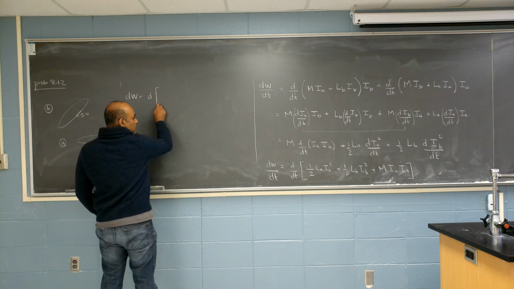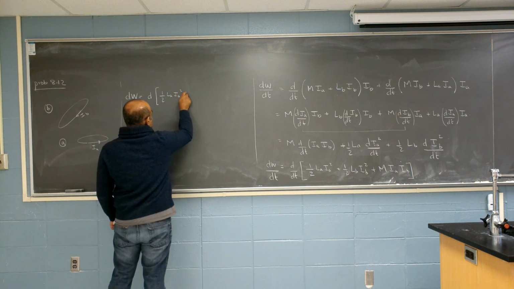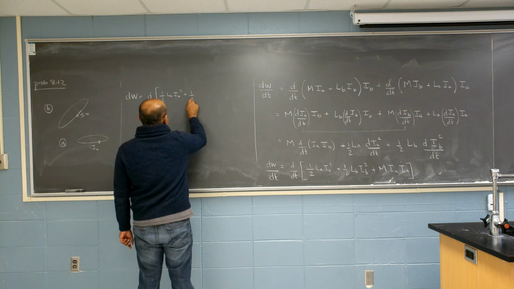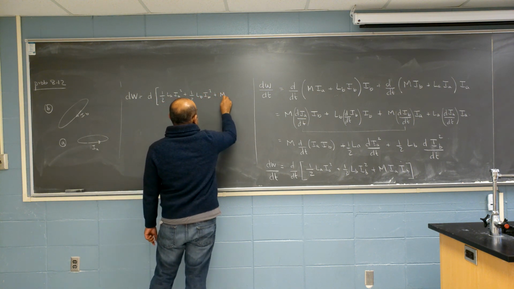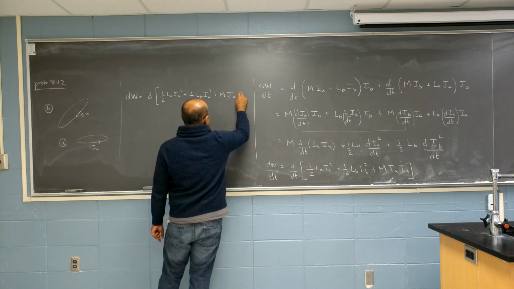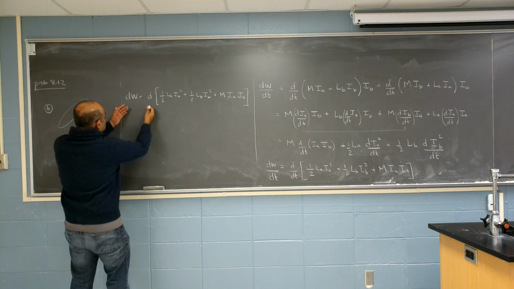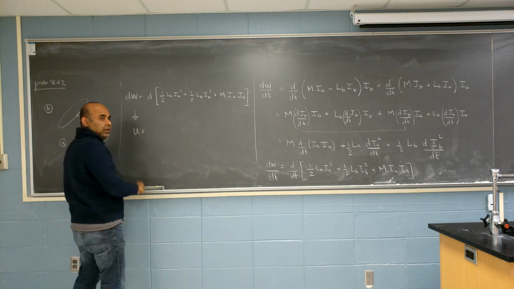And 1/2 L_B I_B squared plus M I_A I_B. Getting rid of the differential, calling this the stored potential energy in the system.